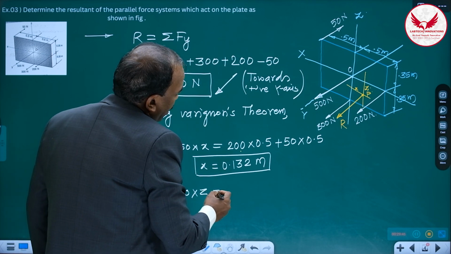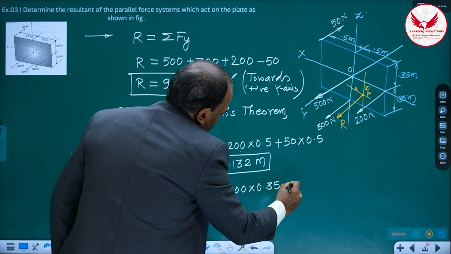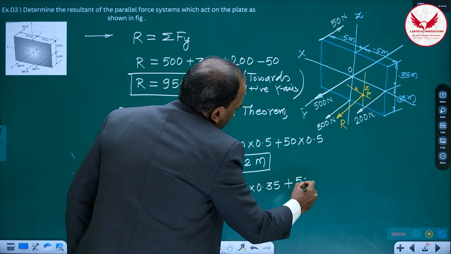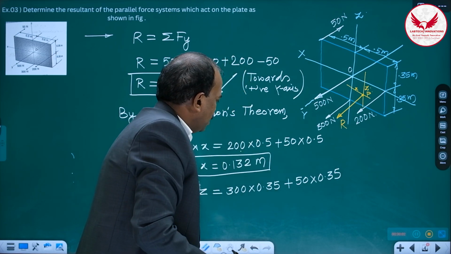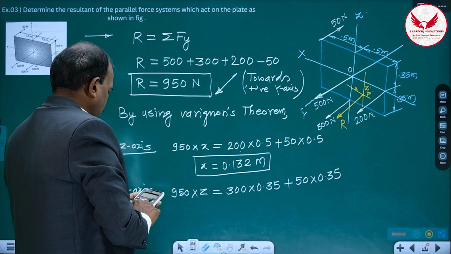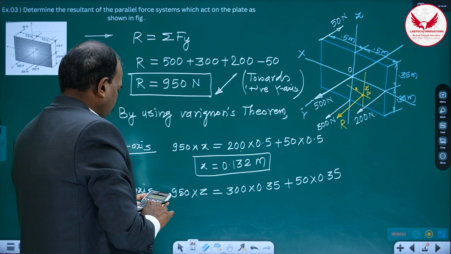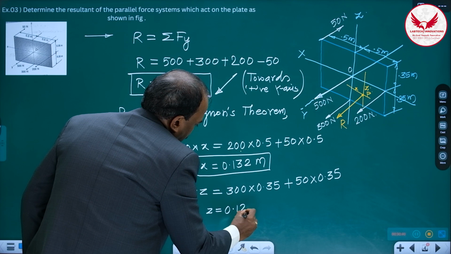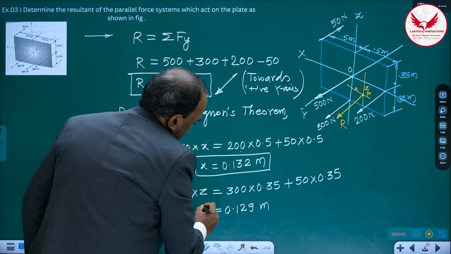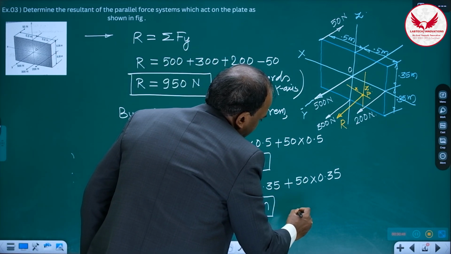The moment of 300 into 0.35 plus again 50 also the same moment, 50 into 0.35. So it is 350 into 0.35 divided by 950. Z is going to be 0.129 meter.